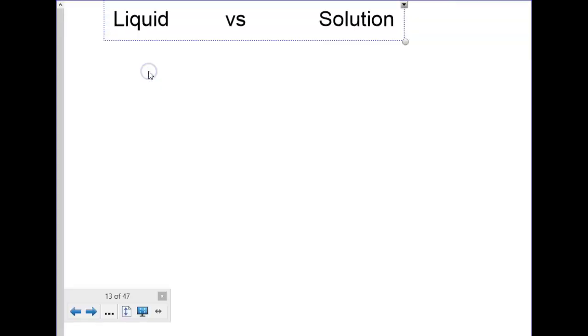This one is a hard one for people to keep straight because we mess it up all the time in everyday language. The reason is it can be a state. For example, solid, liquid, gas. But it can also be used to indicate the state of a pure substance.